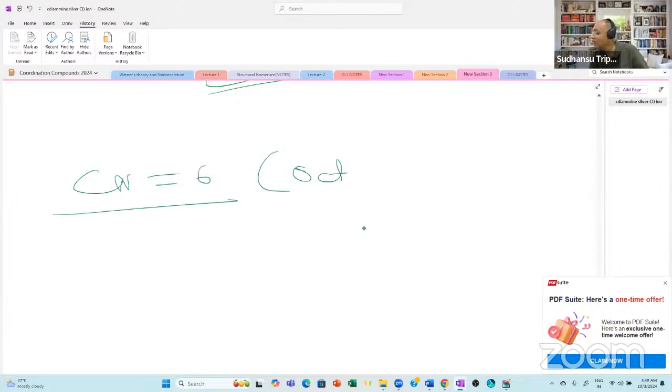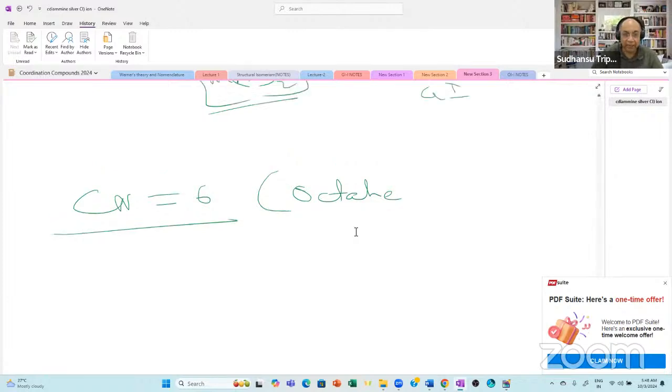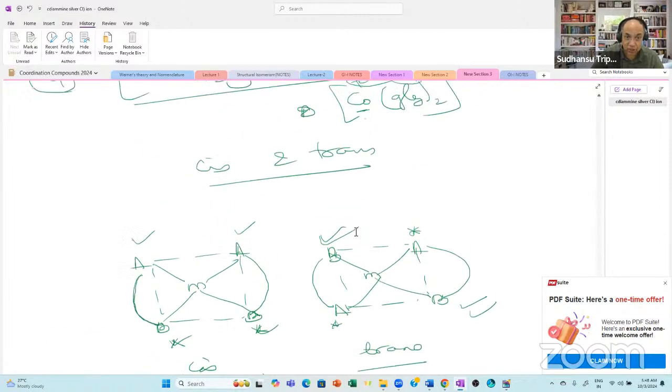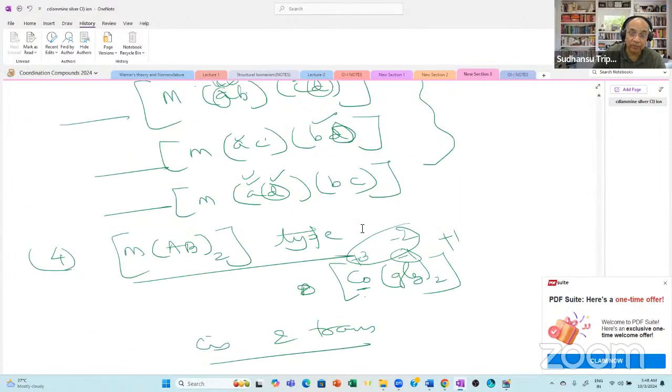What is the time now? This is going to be very, very interesting and important. Minimum, we shall be making 20 headings. And let me tell you before I forget, square planar complexes that we have studied under the coordination number 4, they are usually optically inactive, because there is a plane of the planar things.